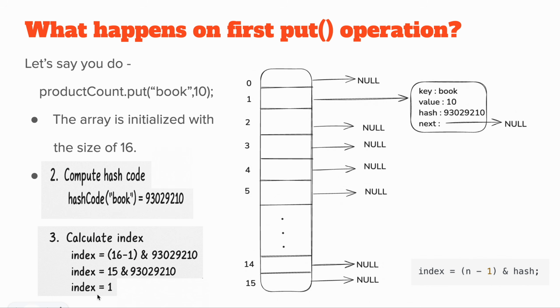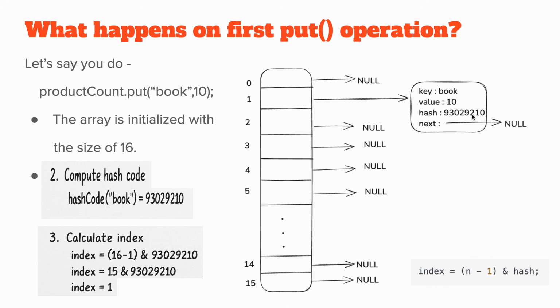Once we get the index, the next step is to create a node and place this node in this bucket. So if the target bucket is empty, it creates a new node and places it there, right?